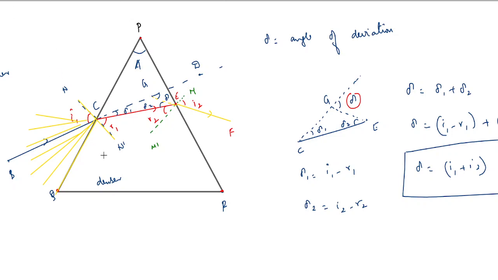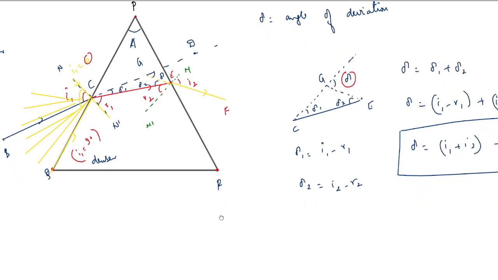Earlier it was 90 degrees, because whenever the light ray moves along the surface, this I1 will be 90 degrees. So if a light ray falls along N dash, for this light ray I1 is 0. For this light ray I1 is 90 degrees. So the value of the angle of incidence varies between 0 and 90 degrees.